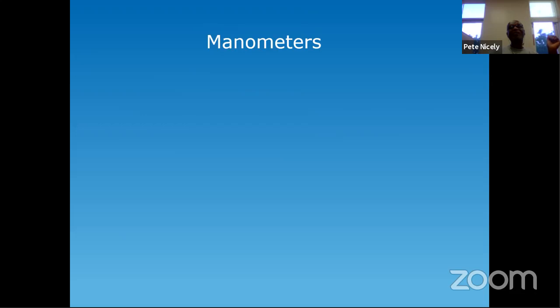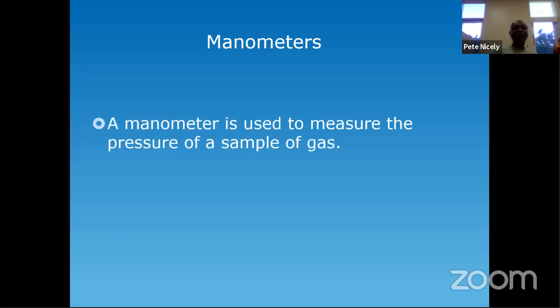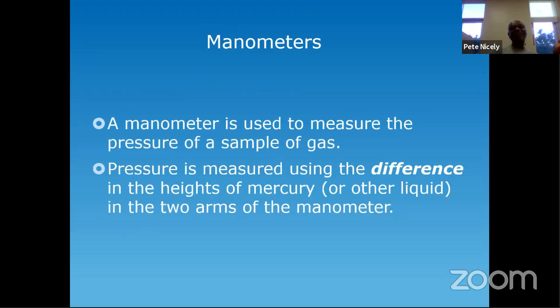Okay, so the other instrument that is used to measure the pressure of gases is called the manometer. This is used to measure a gas that you may have trapped in a container. The pressure that is measured is based on the difference between the heights of mercury or some other liquid, but mercury is the liquid of choice for reasons which I'll get into later, in the two arms of the manometer.